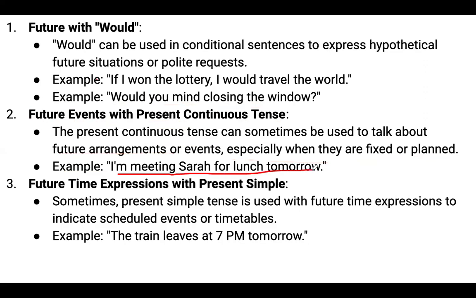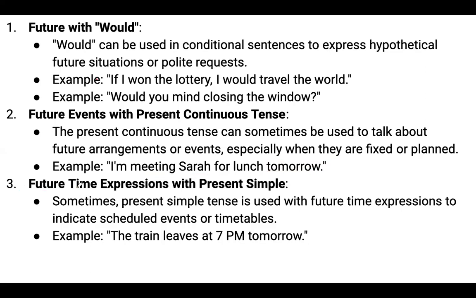If you say I'm meeting Sarah, it means right now you are meeting with Sarah. But once you say, I'm meeting Sarah for lunch tomorrow, the time indicator shows that the present continuous indicates a fixed plan about the future. Isn't it?